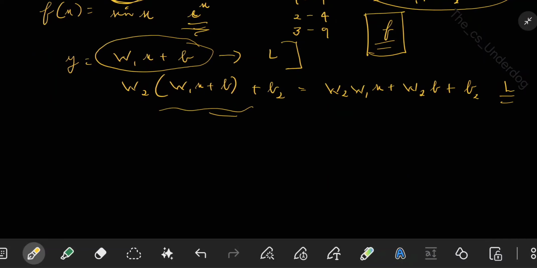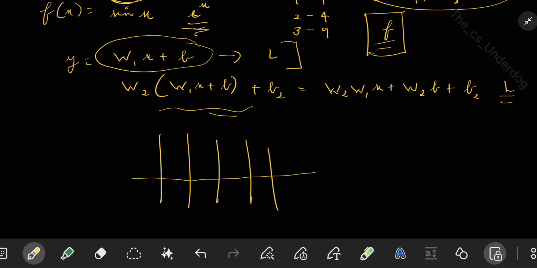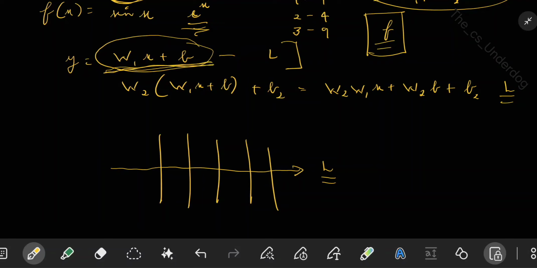So what is the situation here? I told you in the previous lecture that when you stack up different layers, but all these layers are linear, then even if you pass through all the layers, it will still remain linear. That is what I had shown here. Let us say after one layer you have this as output. Let us say at the end of this layer you got w1x plus b.